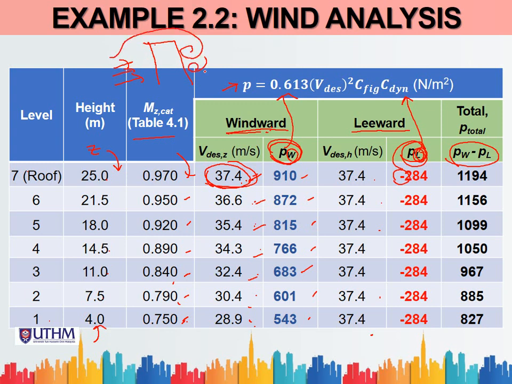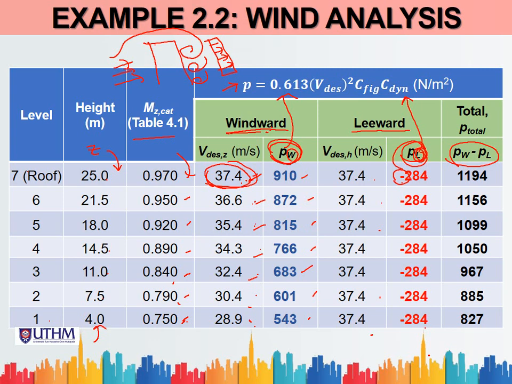Suction area means the loading direction is such that the wall here is pulled away. That is why this is negative, and from top to bottom the wind load pressure is the same value, because H we take as equal to 25.